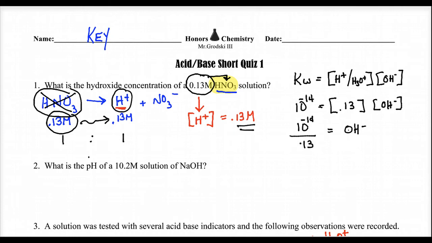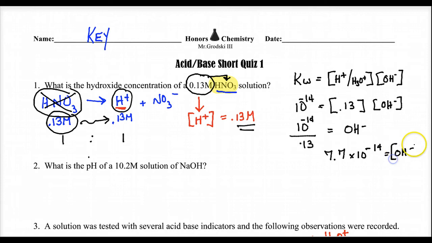So I go basically 10 to the negative 14 divided by 0.13. And all I get is 7.69, and I guess I'll stop with 2 sig figs, 7.7 times 10 to the negative 14. And that is equal to my hydroxide ion concentration.